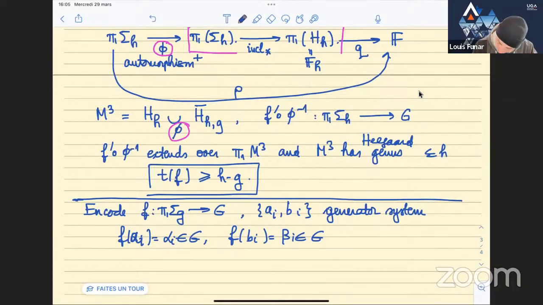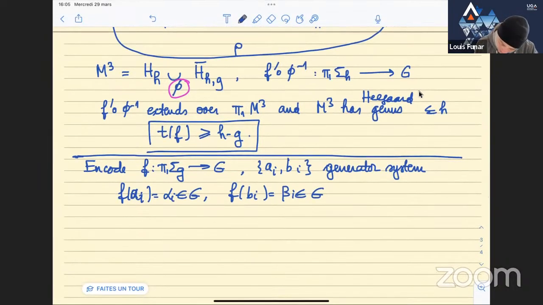And G now has a group presentation, so it's some free group F divided by the normal subgroup R generated by relations.